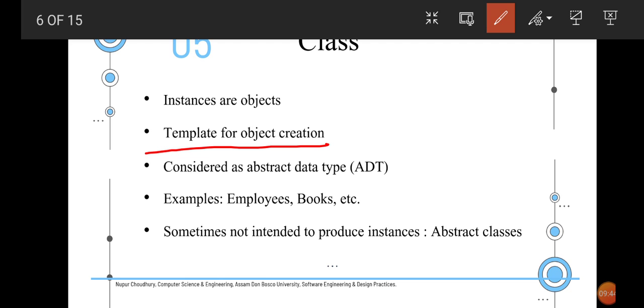When we talk about a blueprint, essentially we are talking about the context in which that object would be used, and it is sometimes also considered an abstract data type because we will be hiding the internal organization of the data. Some of the examples include employees, books, etc.